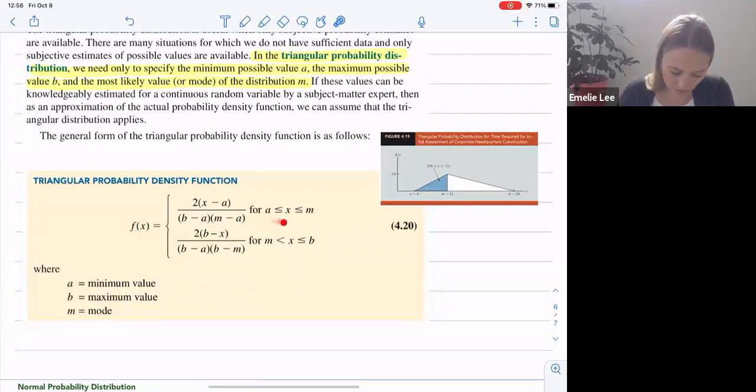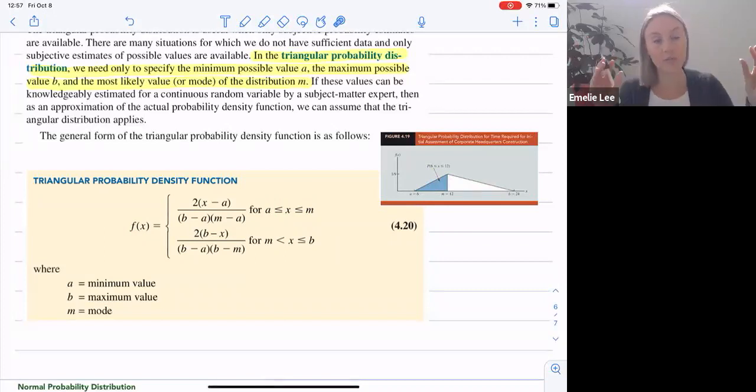And so depending on which side of the mode we're on here, between A and M, it's going to have this distribution here. And then between M and B, it's going to be slightly different, allowing for different kinds of triangles on either side.